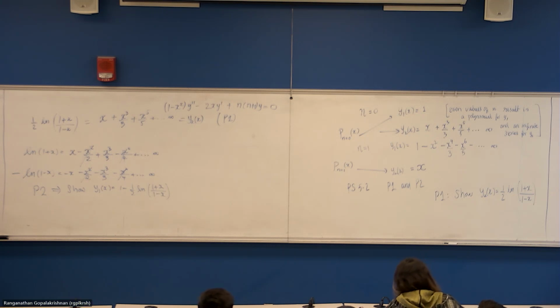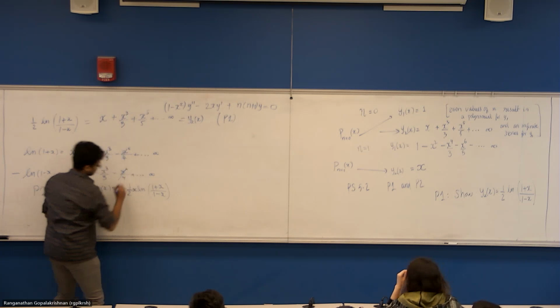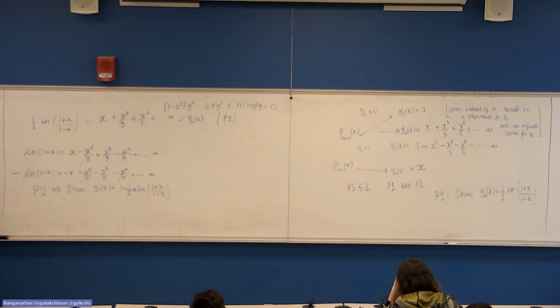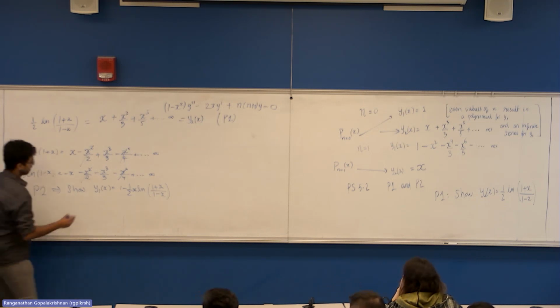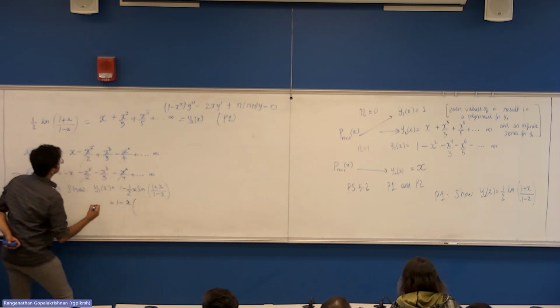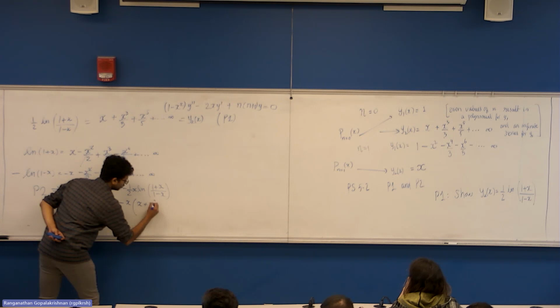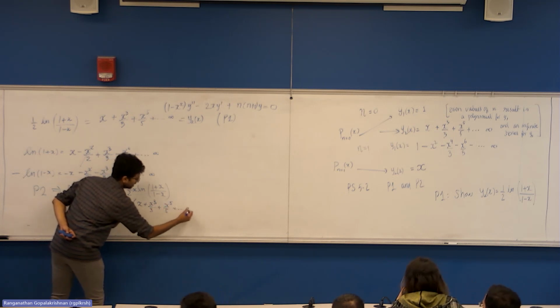1 minus 1 by 2 times x times ln of (1 plus x) over (1 minus x), which I can also take this series and write as 1 minus x times x plus x cube over 3 plus x to the fifth over 5 and so on up to infinity.